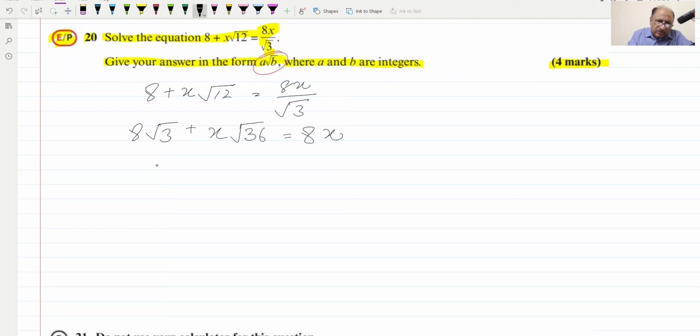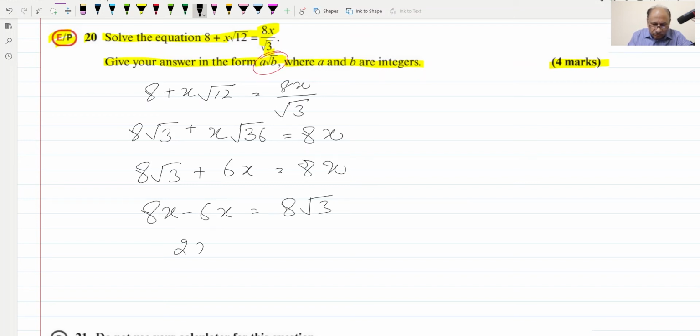Now root 36 we can write as 6, so 8 root 3 plus 6x is equal to 8x. 6x we can shift to the other side, and we will get 8x minus 6x is equal to 8 root 3. 8x minus 6x will be 2x is equal to 8 root 3.